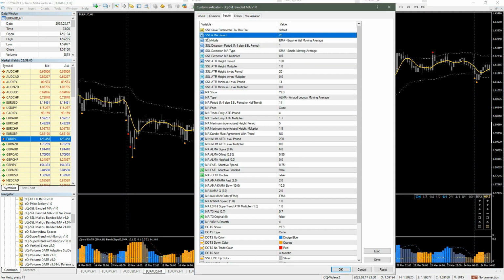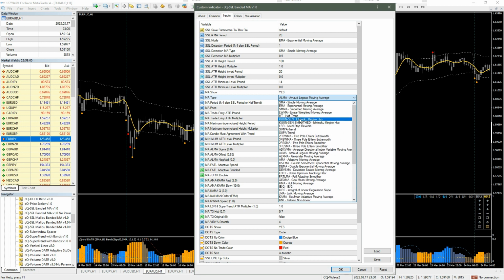This period here can control the SSL as well as the moving average, but there's also another place you could change the period. You can make it shorter or longer. If you want to use this period for your moving average, which you have all these types, you just set this to 1, and it will use this period here, unless you're on these like the half trend, which uses 1.